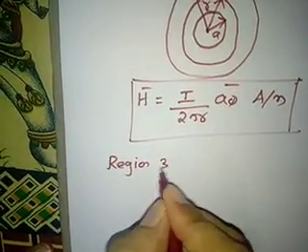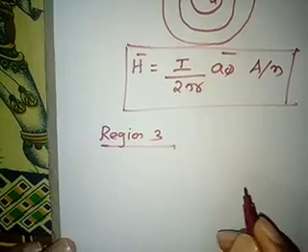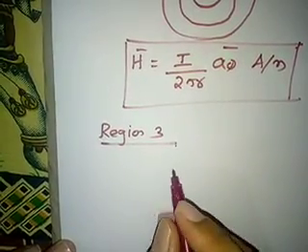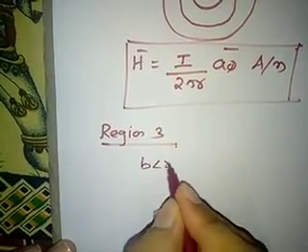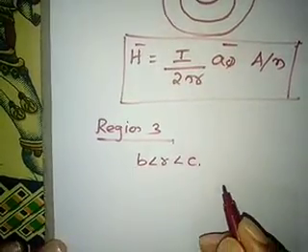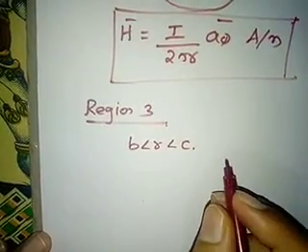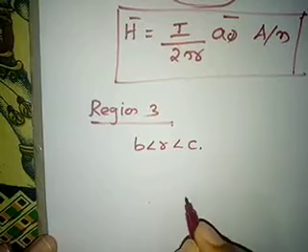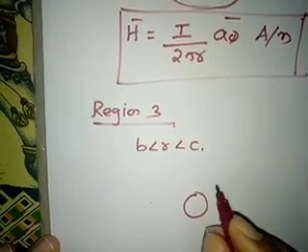Region 3. For region 3, the range considered is b is less than r, that is less than c. So to draw that, let us consider this figure.